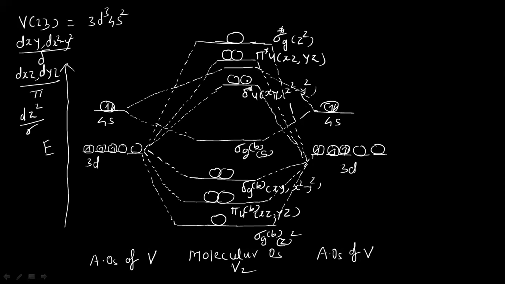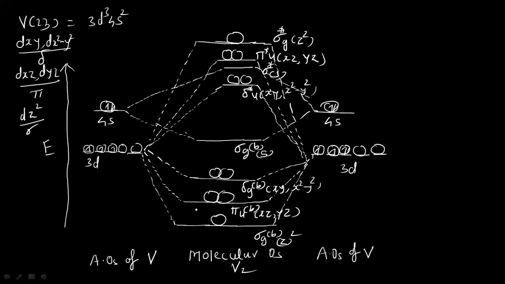So this is the sigma g star antibonding molecular orbital, formed from this s orbital. So this is the MO diagram of the divanadium molecule.